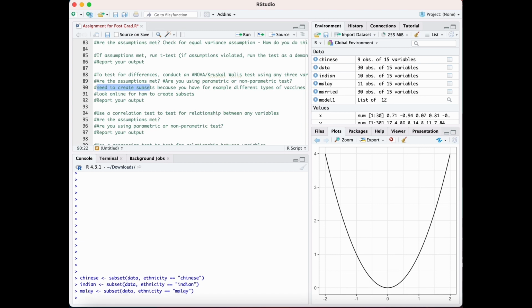So I will be running the normality test first to see whether or not it is actually normally distributed.